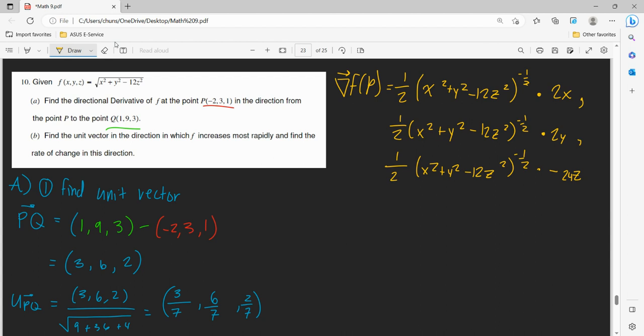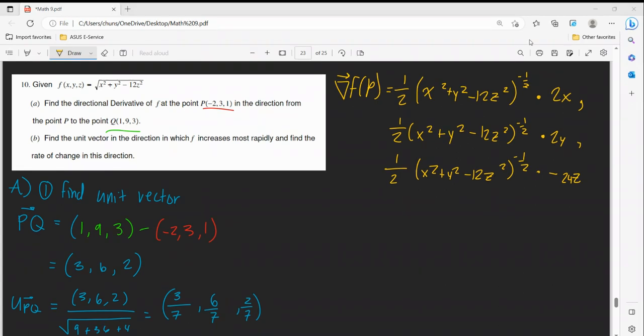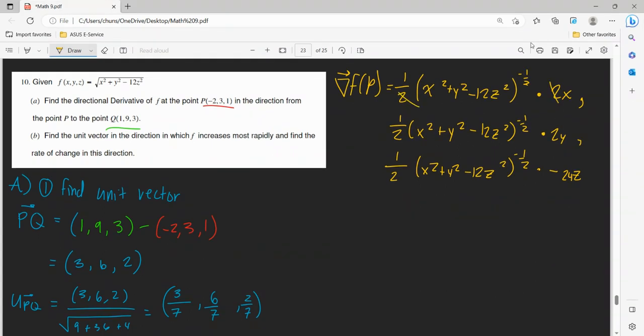So I'm going to rewrite this. These are going to cancel out, and this is just going to leave in our first term x over the square root of x squared plus y squared minus 12z squared.